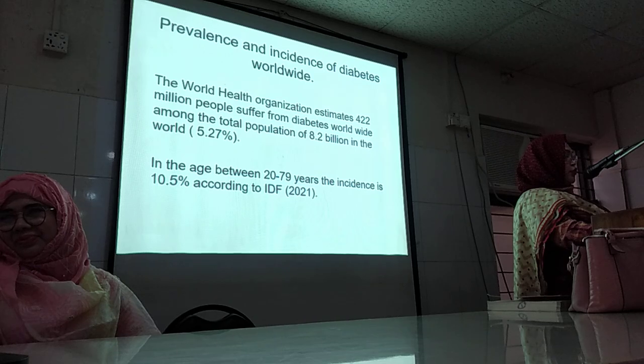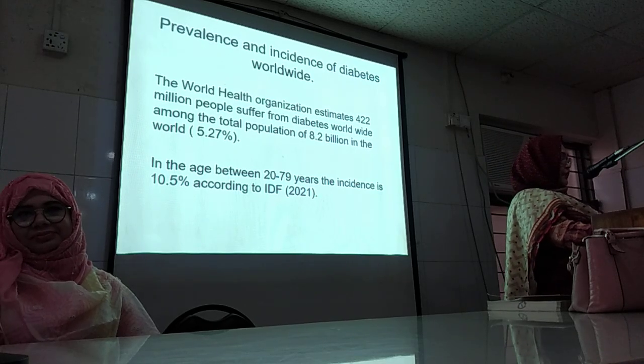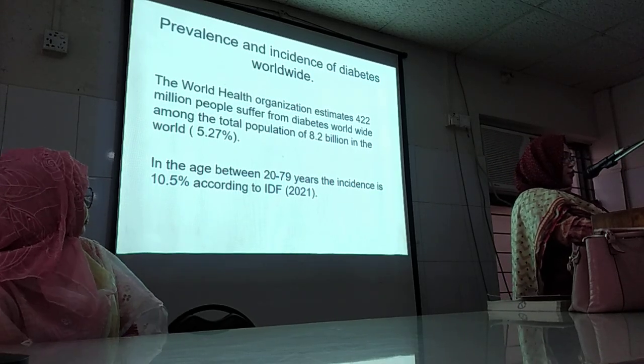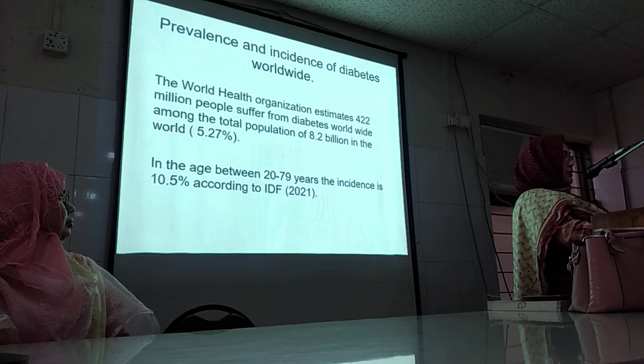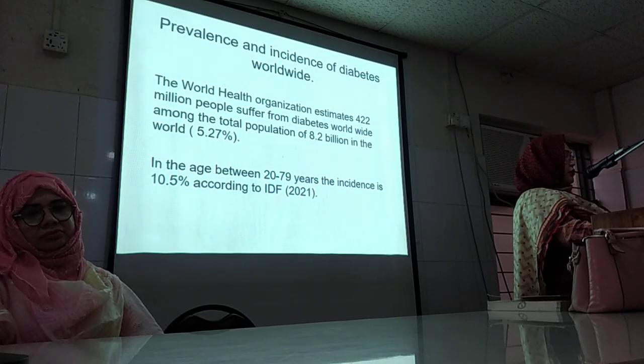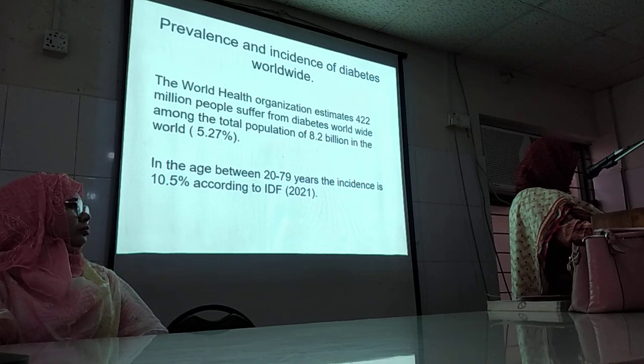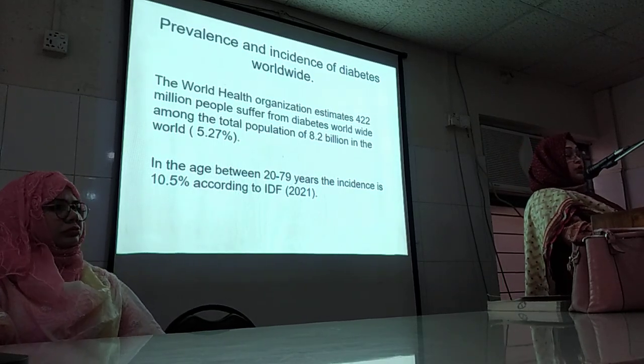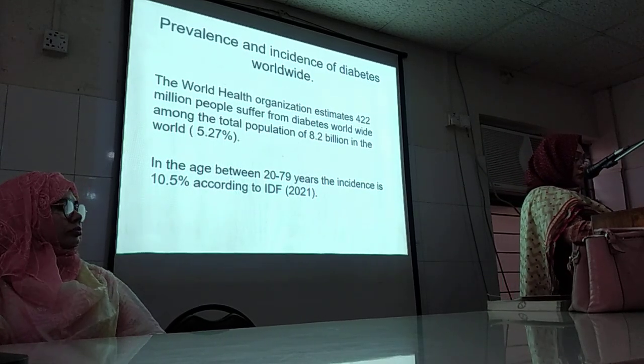Approximately 5.27%. In the age between 20 to 79 years, the incidence is 10.5% according to the International Diabetes Federation in 2021.